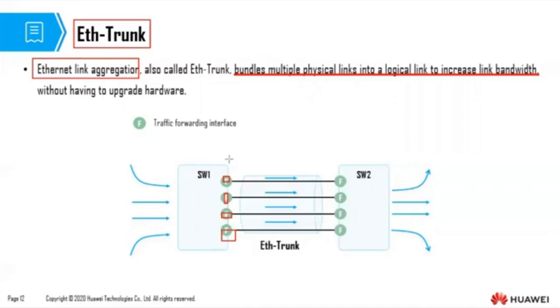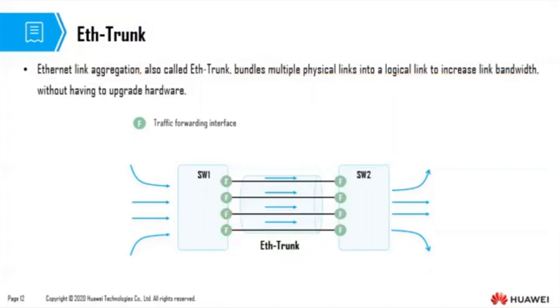So if we add 1 plus 1 plus 1 plus 1, then we have 4 gigabits as our new bandwidth for this logical interface. So simply put, that's how the Ethernet trunk interface works, combining multiple physical interfaces into a single logical interface.